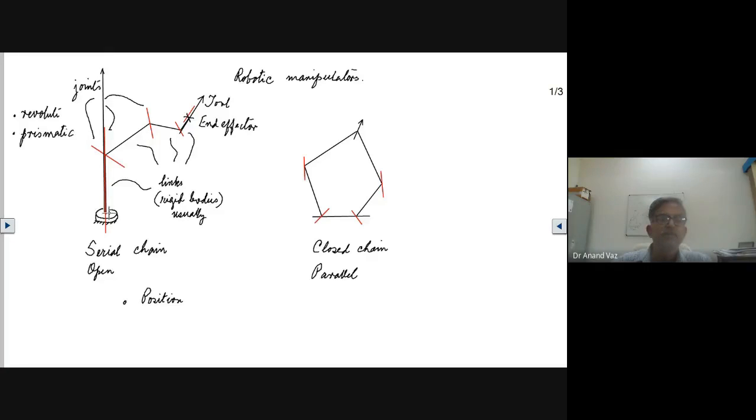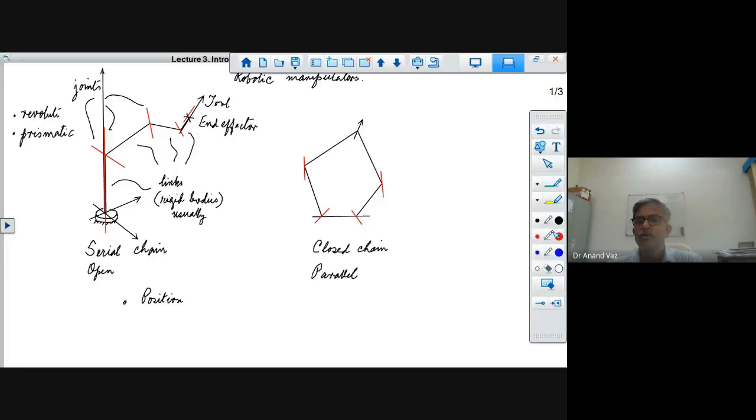This is one of the axes, this is, let us say, another axis. I'm just indicating the positive directions of those axes. And we may have yet one more. So we have the axes.